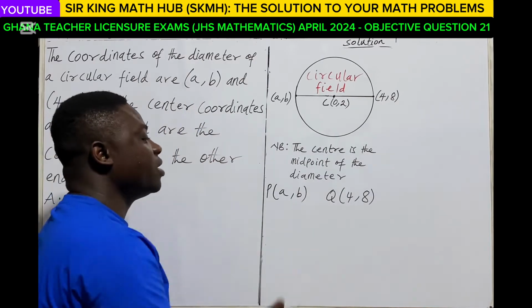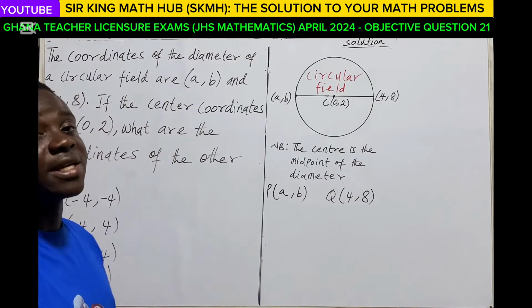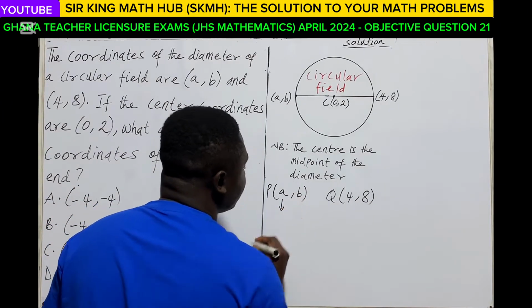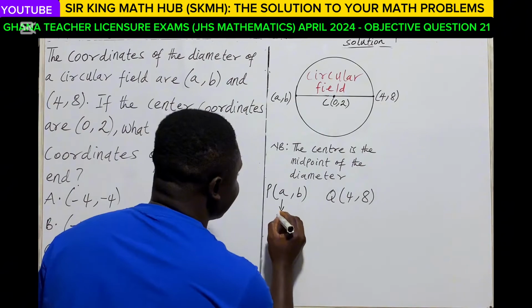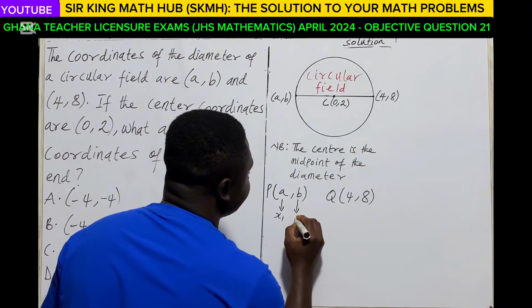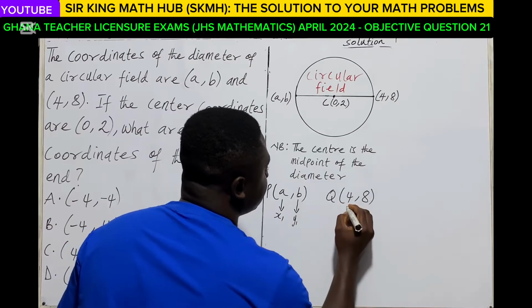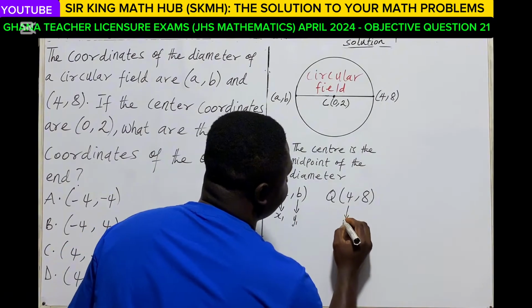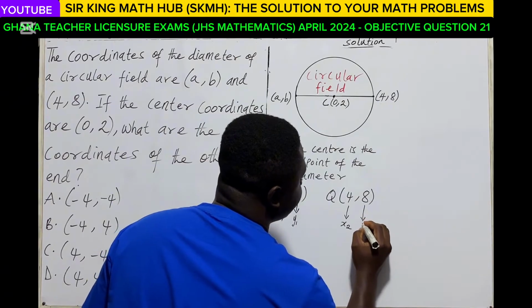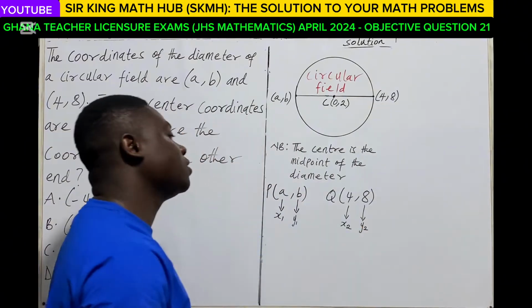Each of these points has X and Y coordinates. So we are naming the X coordinate of point P as X1, the Y coordinate of point P as Y1, the X coordinate of point Q as X2, and the Y coordinate of point Q as Y2.